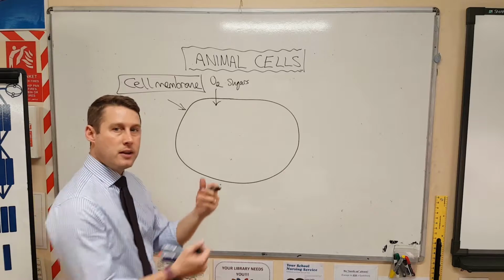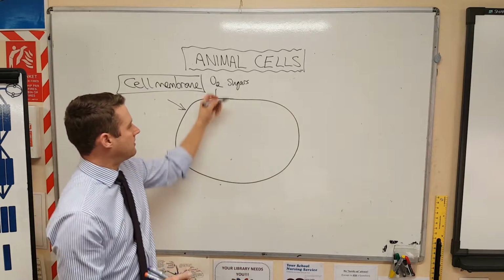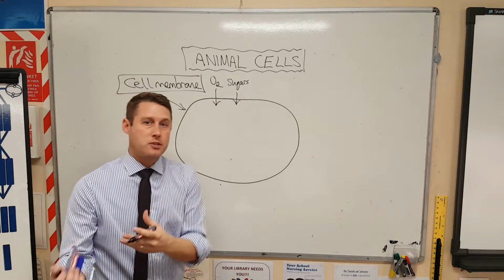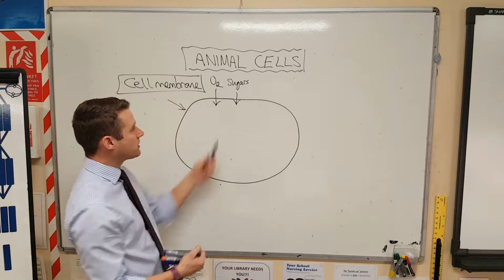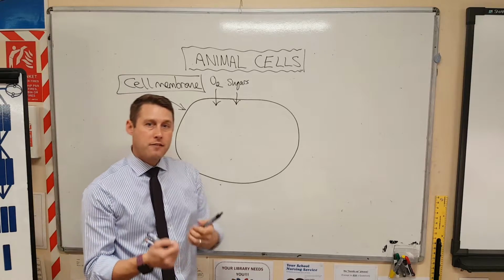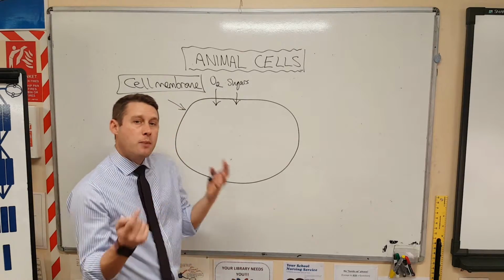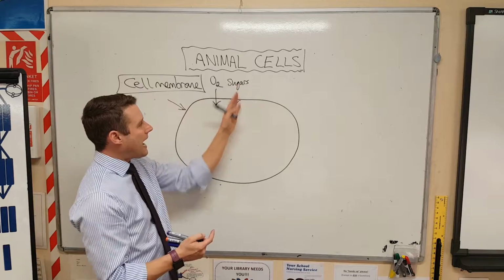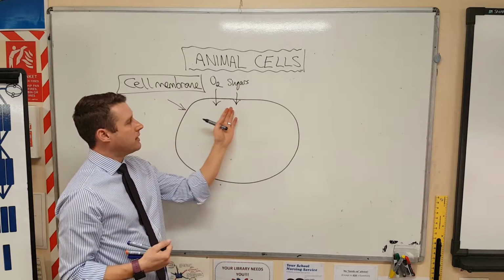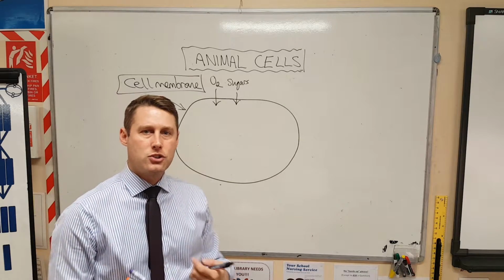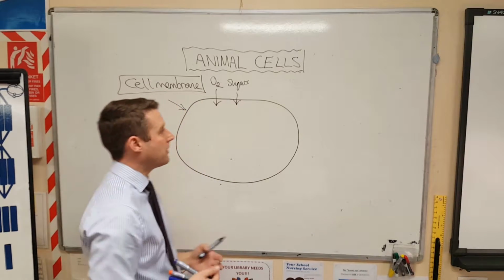So it has tiny little pores in the cell membrane that allow certain substances in and will actually actively uptake certain substances. For example, the brain will have certain receptors, certain protein carriers, which will actively transport sugars out of the blood and into the brain tissue against the concentration gradients if necessary.